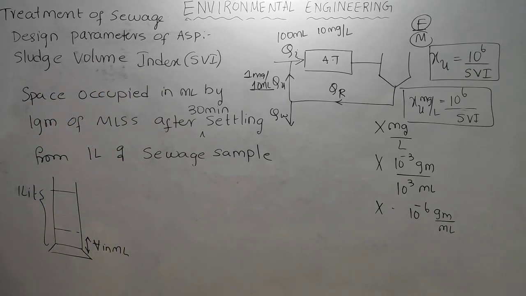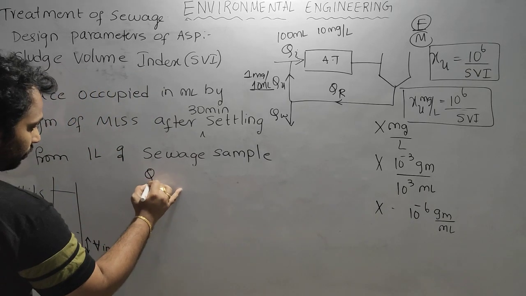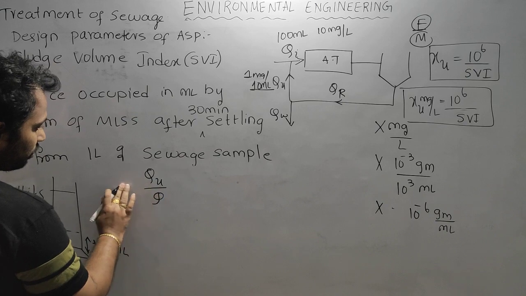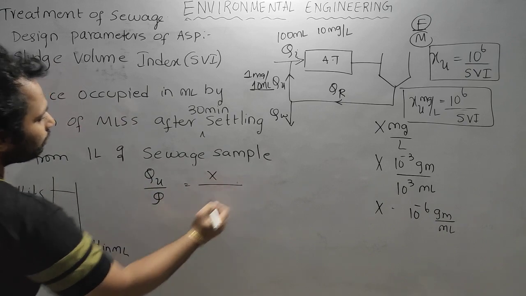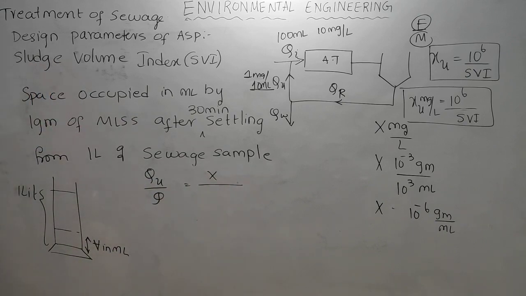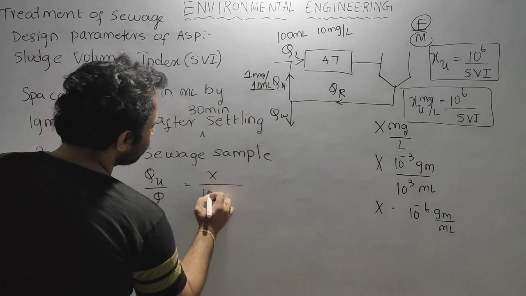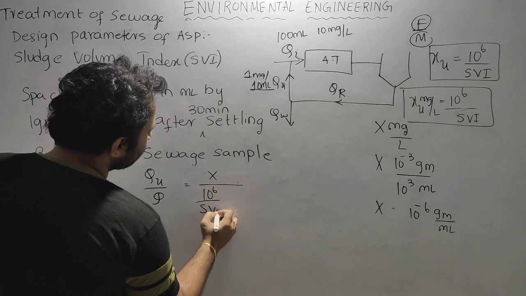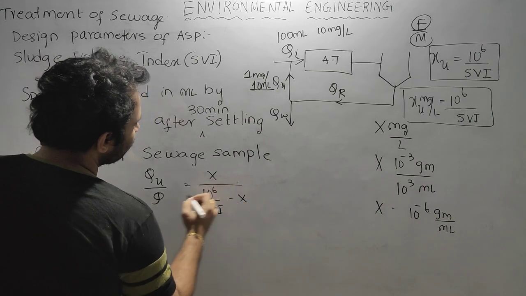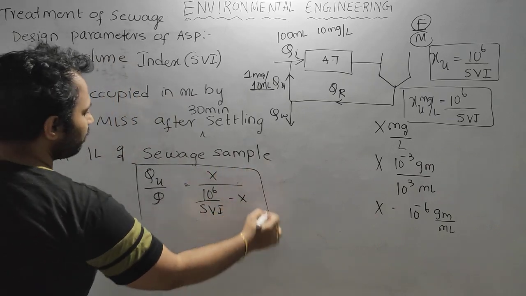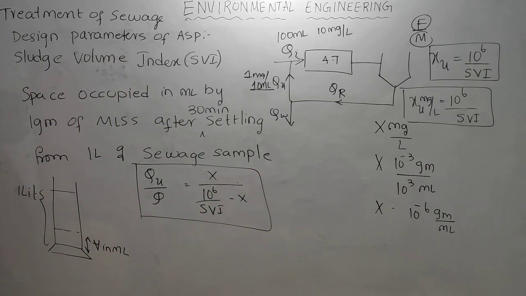QU by Q is equal to X by 10 to the power of 6 by SVI. So using this relationship we can find how much sludge you need to send back into the aeration tank.